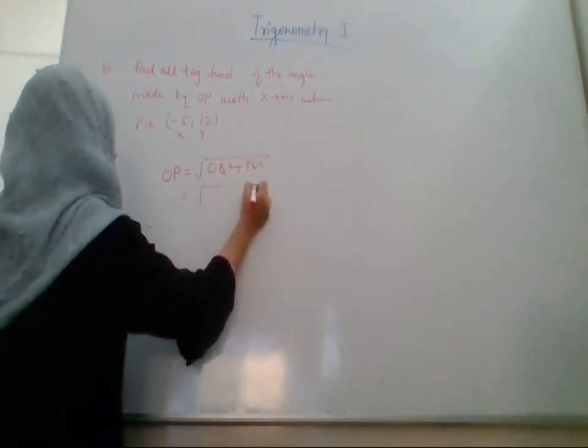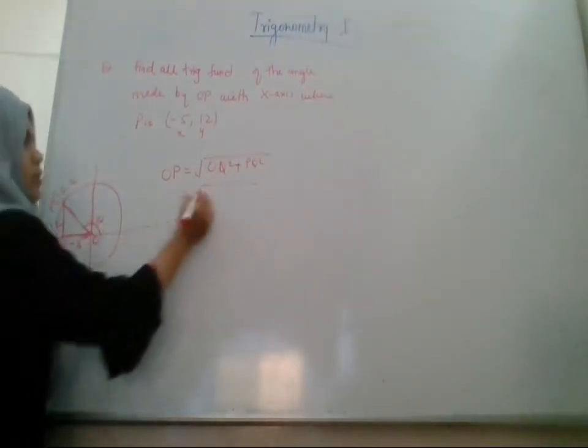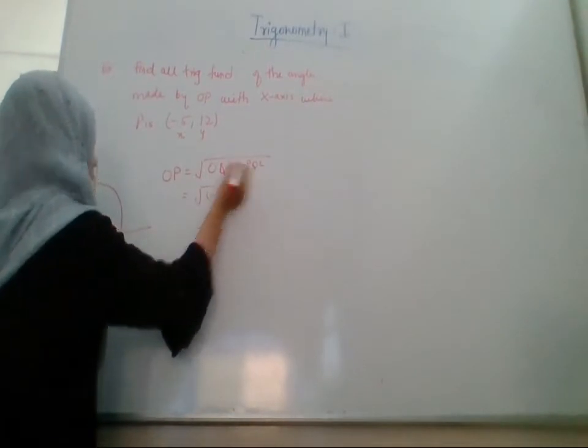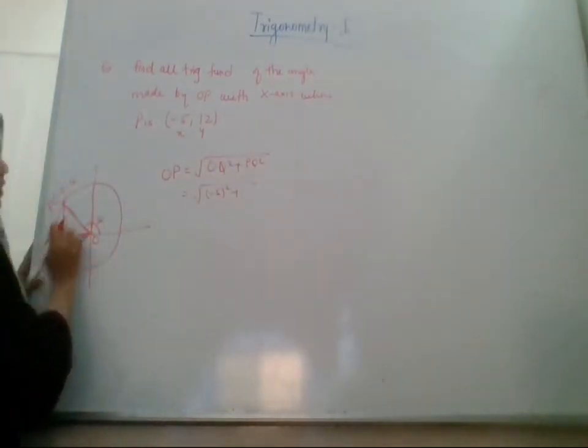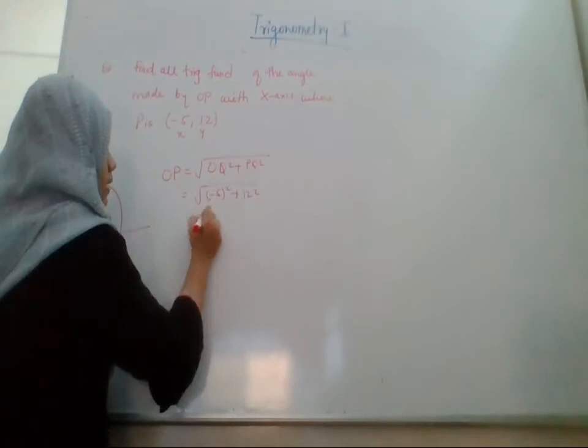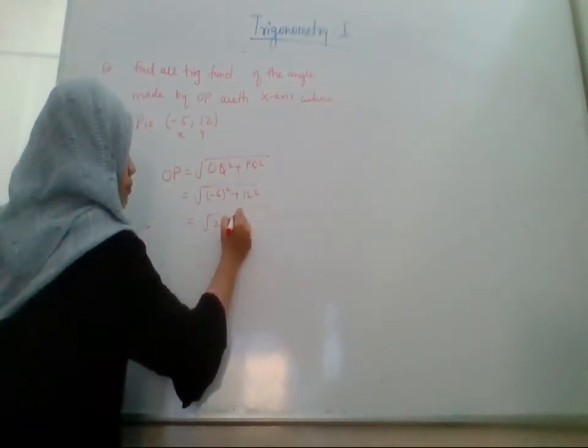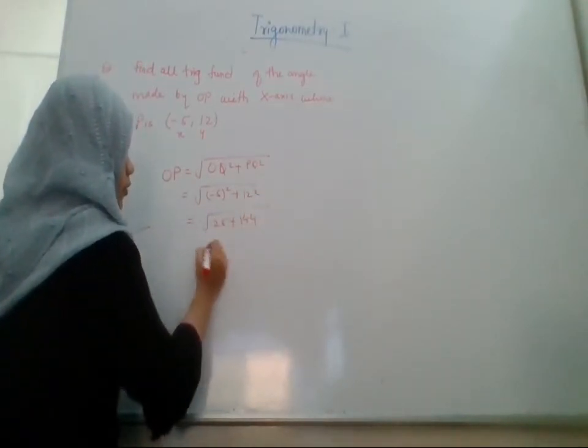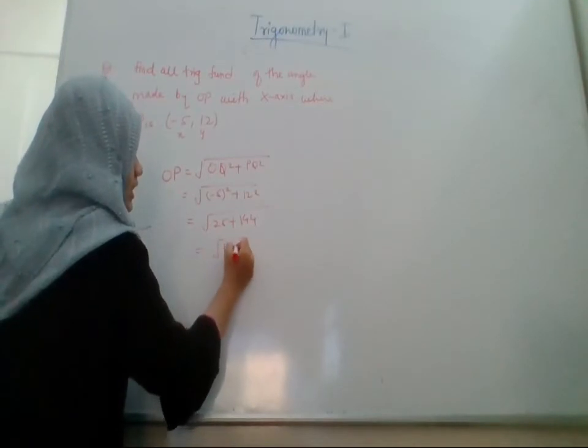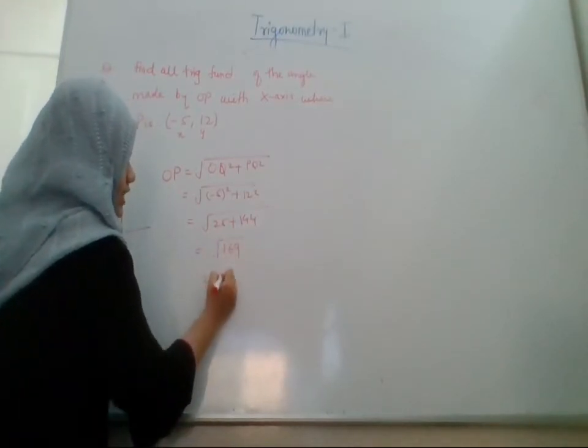OQ is minus 5, square, plus PQ is 12, square. So minus 5 square means 25 plus 144. So the answer is 169. Root of 169 is 13.